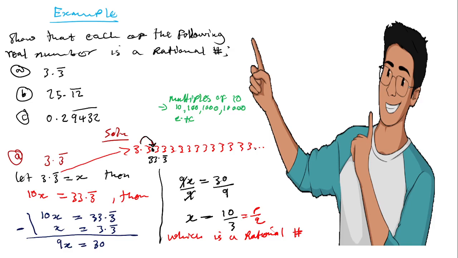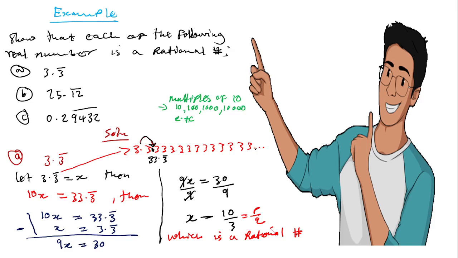Let's move on and look at the next one, which is our B in this case. So our B is as follows. So the B there is that we are changing 25.12 bar.